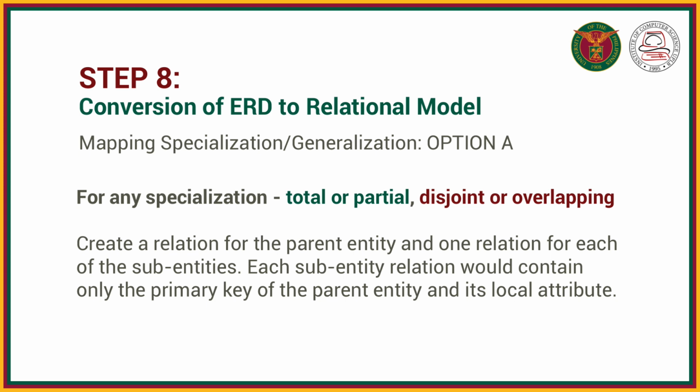It says here to create a relation for the parent entity and one relation for each of the sub-entities. Each sub-entity relation would contain only the primary key of the parent entity and its local attributes. As we may recall, in specialization we have the context of superclass and subclasses.